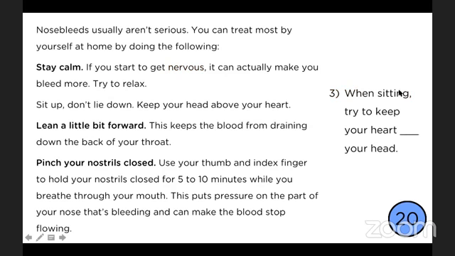Here we go. So what's the key word here? When sitting, try to keep your heart something your head. So look for a keyword like sit.